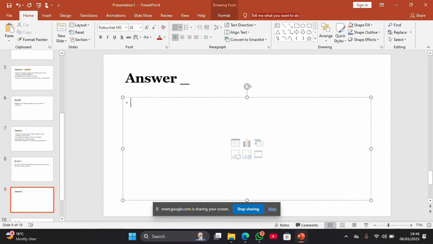So guys, for ability to pay, I would like to say this: review bank statement for installment payment evidence.